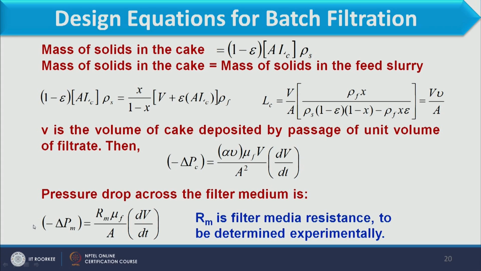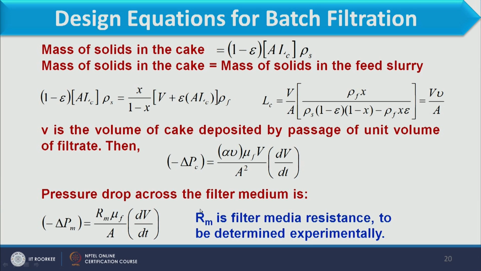Considering the expression of LC in the pressure drop of the cake, that is delta PC expression, we can use it here, and this is the final expression for pressure drop across the cake.